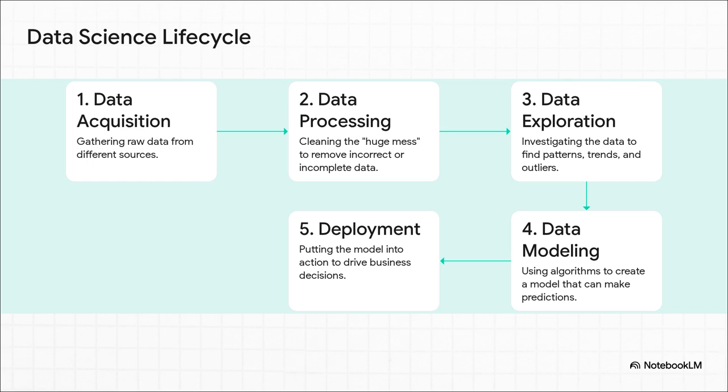Then comes the fun part, the real detective work, data exploration. That's where an analyst digs in to find weird patterns and outliers, like those 2 stores with no cookie sales. After that, they move to data modeling, which is where they start trying to predict things. And finally, and this is the most important part, deployment. You actually use what you learned to do something. You know, like tell someone to go restock the cookies.